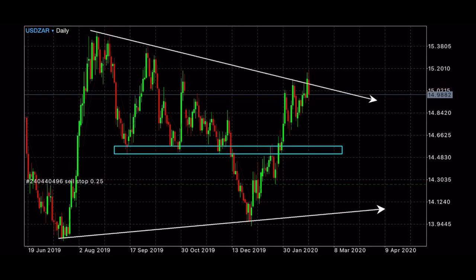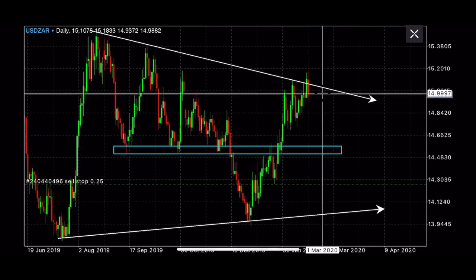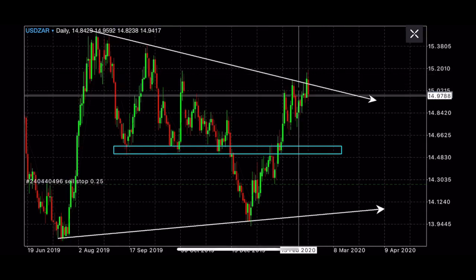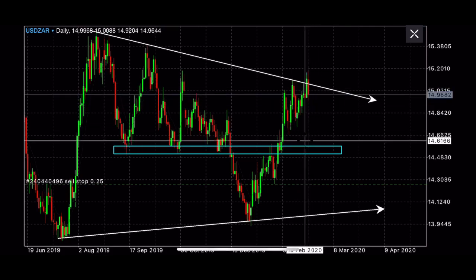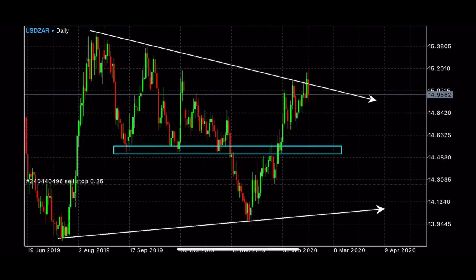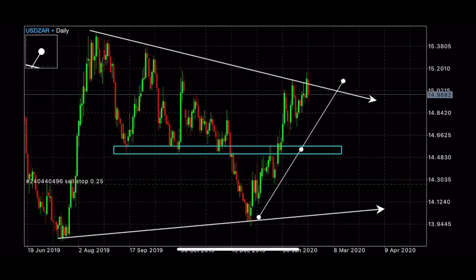So how are we going to trade this? Already we're seeing a rejection, so that's already a signal to enter this market. But if you want to wait a bit or play it safe, you would have this line that's going to act as a reversal line.